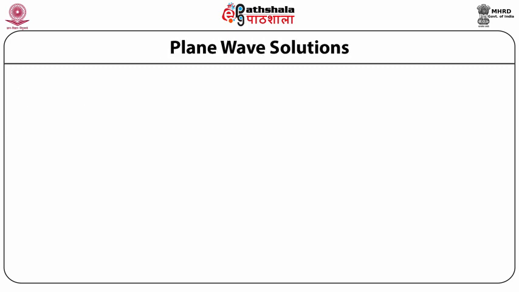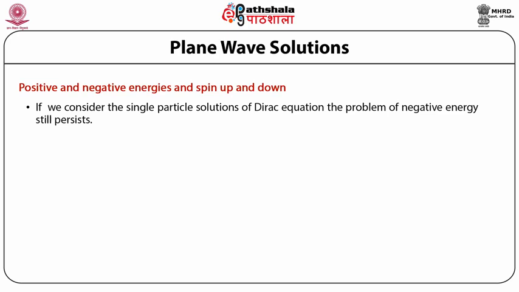Plane wave solutions. Positive and negative energies and spin up and down. If we consider the single particle solution of the Dirac equation, the problem of negative energy still persists. Consider a plane wave solution of the Dirac equation. The time dependence is of the form exponential minus i E t.